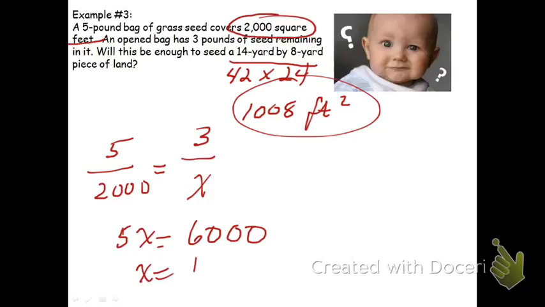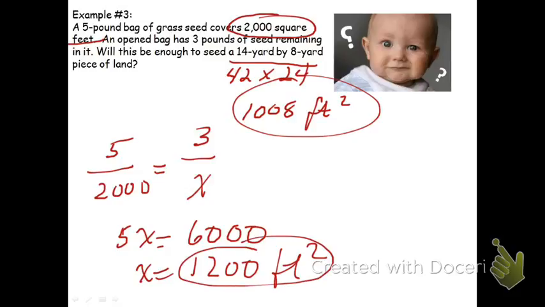So I end up with 1,200 square feet. So the 3-pound bag will cover 1,200 square feet, and I needed to cover 1,008. So yep, I've got enough to cover it.